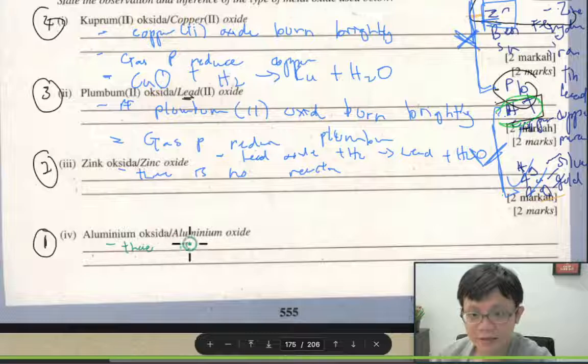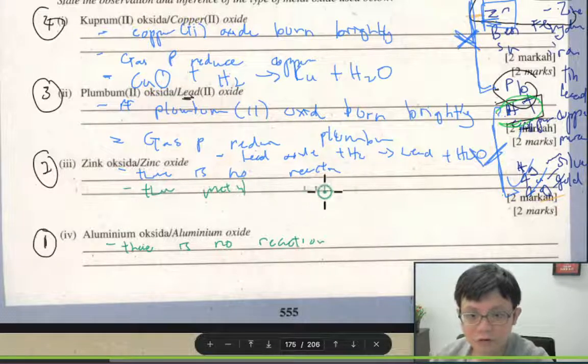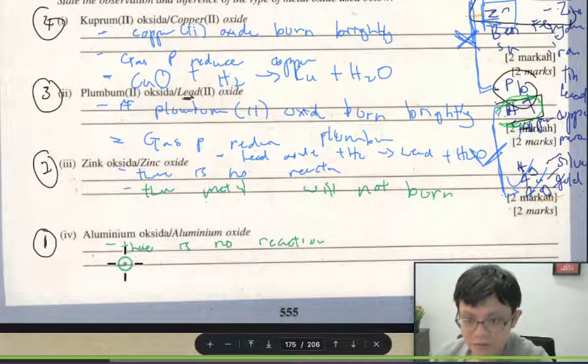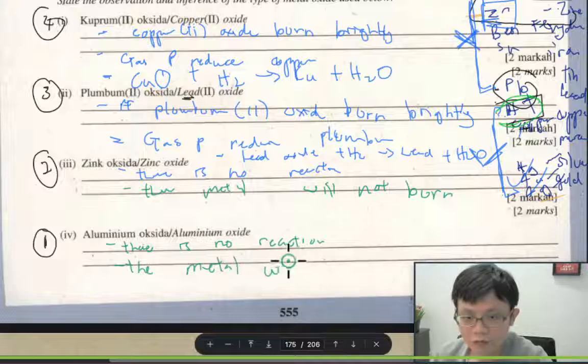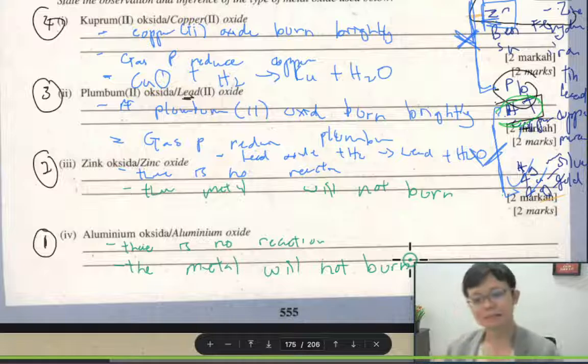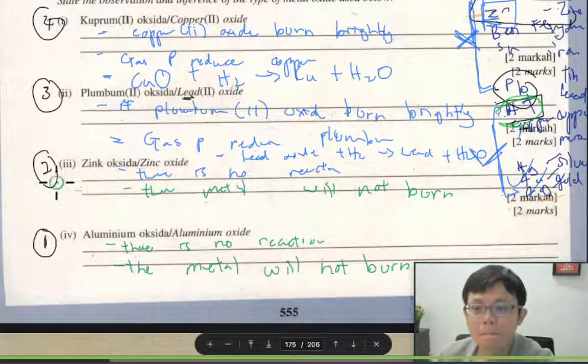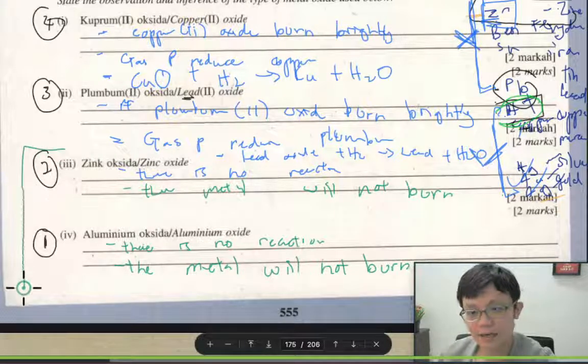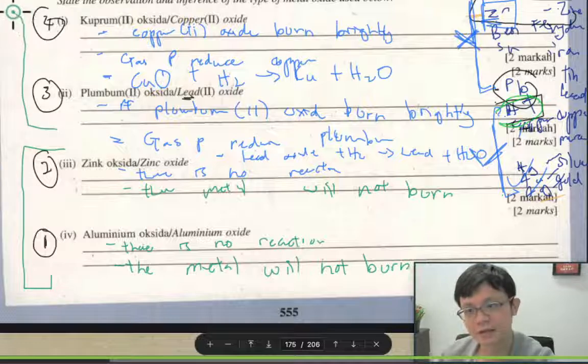There is no reaction, both no reaction. The metal will not burn. So I think this question is difficult.